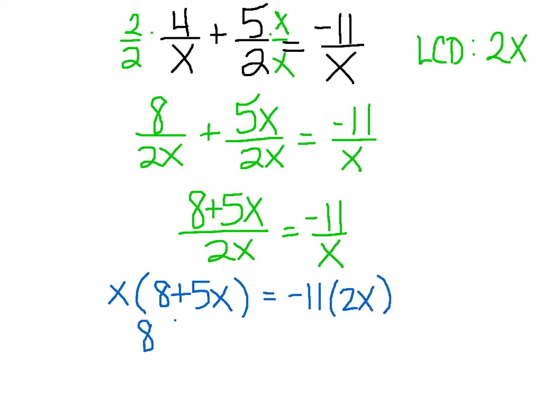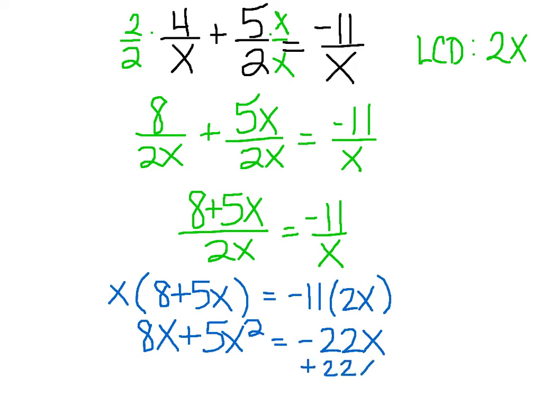That's going to give us 8x plus 5x squared equals negative 22x. So I'm going to add 22x to get 0 equals 5x squared plus 30x.